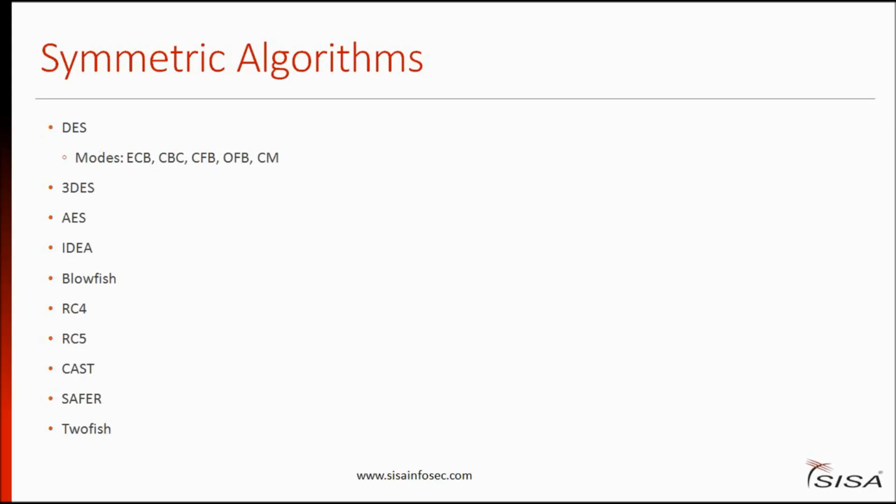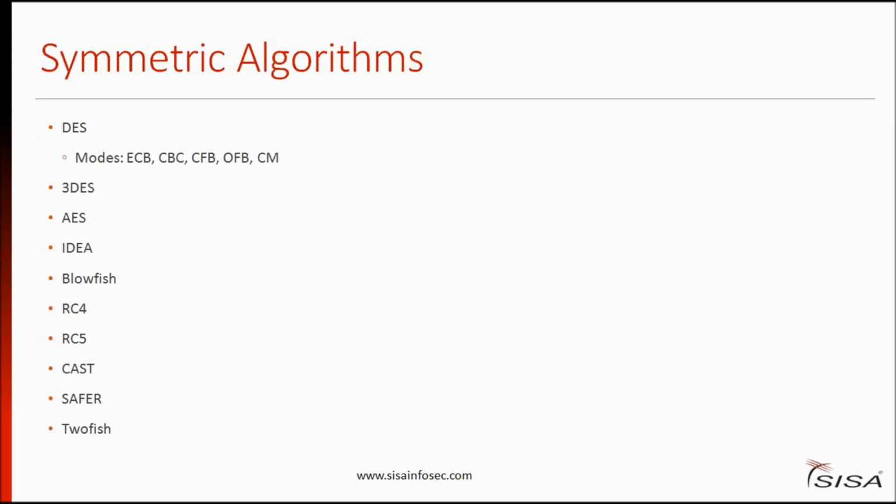Then we have IDEA, the International Data Encryption Algorithm, which operates on 64-bit blocks with around 8 rounds and 128-bit keys. It is considered stronger than DES, and IDEA is basically used in PGP. We have Blowfish, which is even stronger, which uses a 64-bit block cipher with up to a 448-bit key and around 16 rounds.